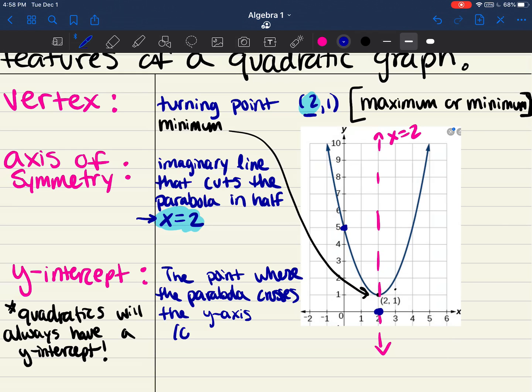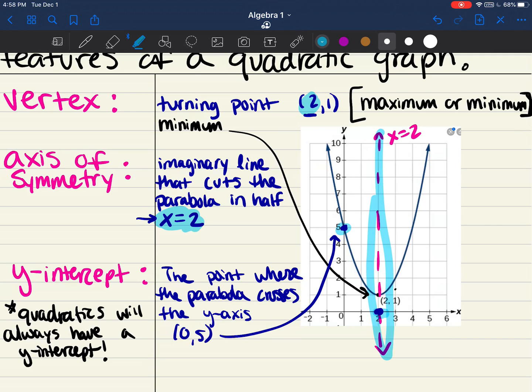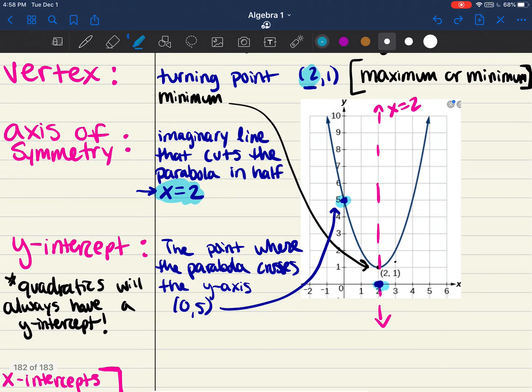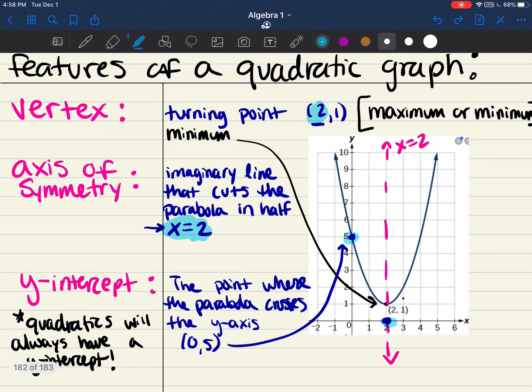And that point is (0, 5). Definitely want to have the graph drawn for yourself so that way you can make note of all of these features that we have drawn on them. All right, so top 3 things: vertex, axis of symmetry, and y-intercept are 3 things a quadratic will always have.